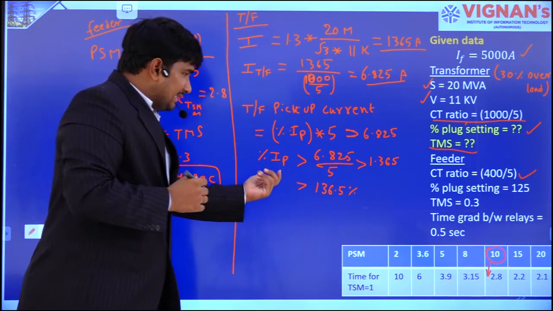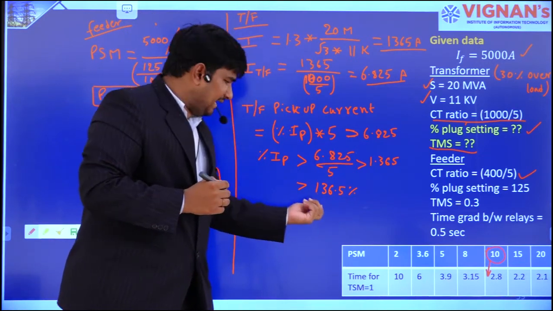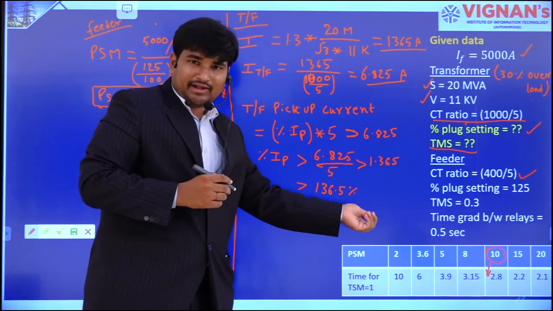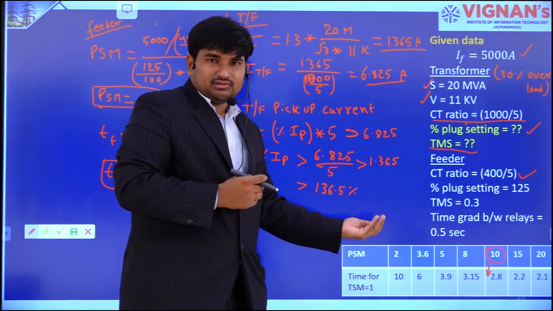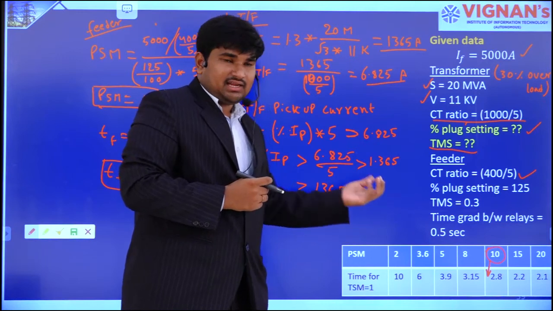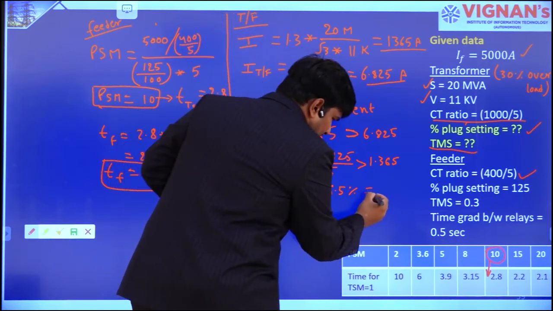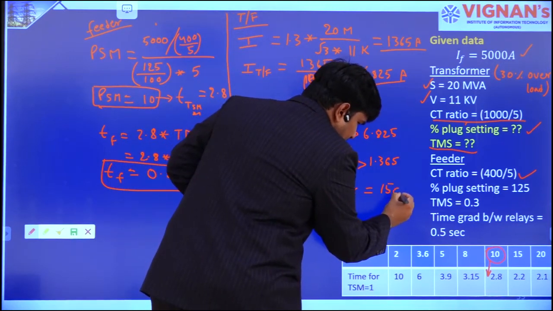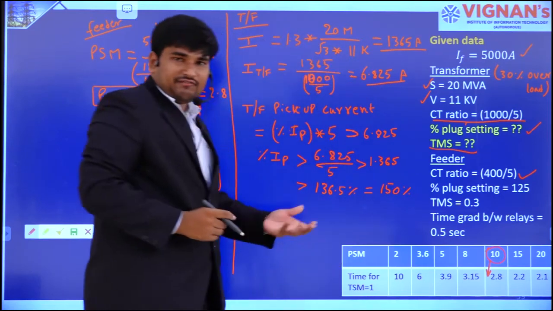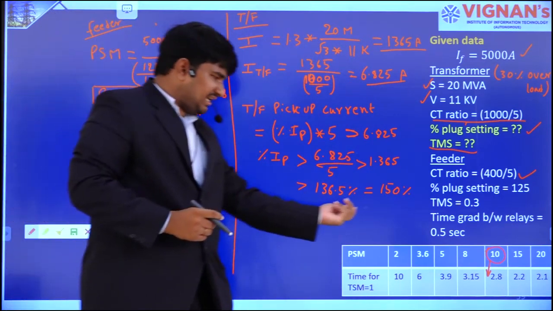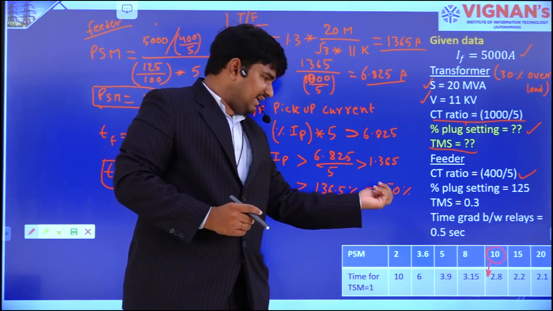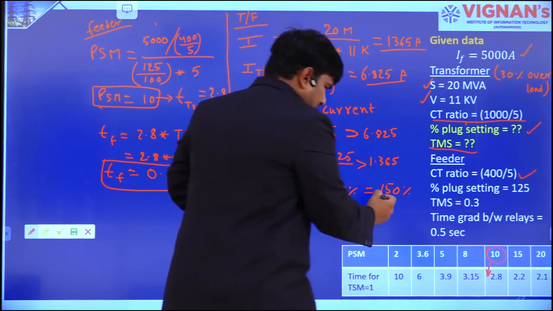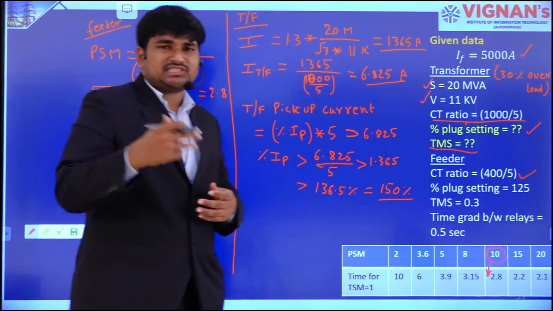The plug setting will be greater than 136.5. To make standardization, I will take it as 150%, which is near to 136.5. This is only because of standardization.